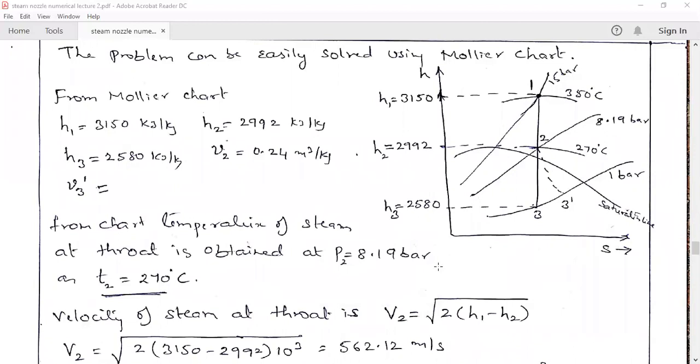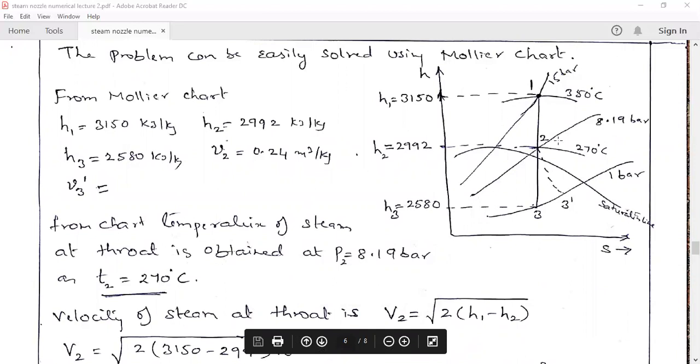Now from the chart, they have asked to find the temperature at the throat. The point which is cutting this 8.19 bar line lies in the superheated region. So you just check where that line cuts the temperature line, and it is at 270 degrees centigrade.